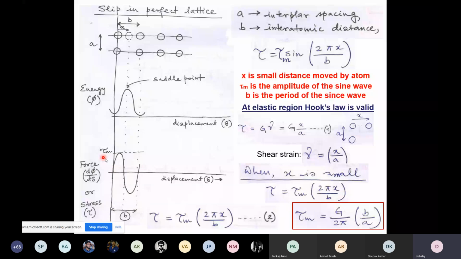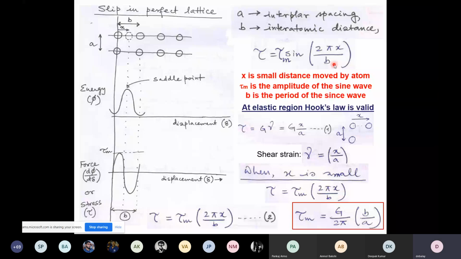And the curve follows an expression that can be represented or approximated by a sine wave function: tau equal to tau m sine 2 pi x by b, where x is the displacement, b is the interatomic distance.